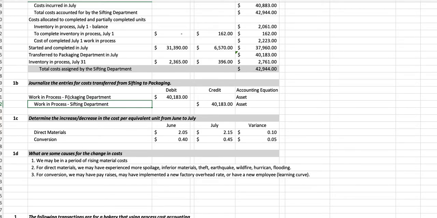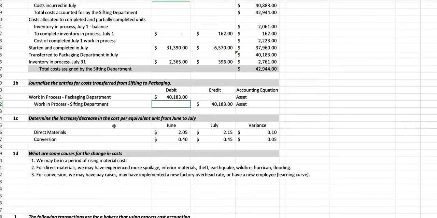If we're transferring it from the sifting department into the packaging department, that means the packaging department is gaining this asset, which means they get the debit, and the sifting department is losing the asset, so they receive a credit. And we picked up the 40 because that's what we actually transferred to the packaging department. So it wouldn't be the 42 because that's the total cost, but this inventory in process is not ready for the packaging department yet.